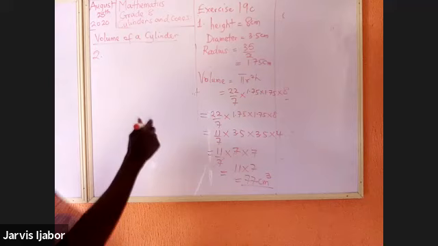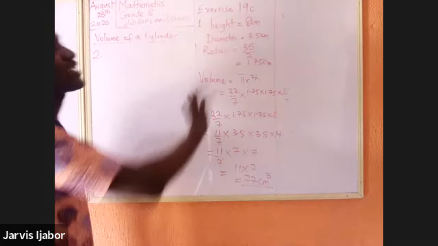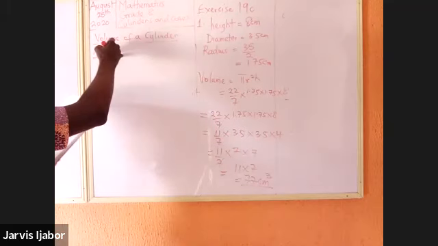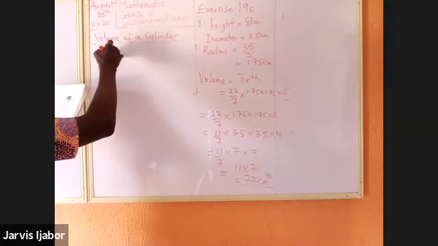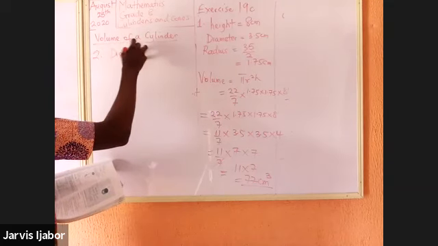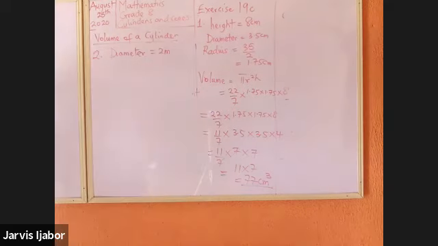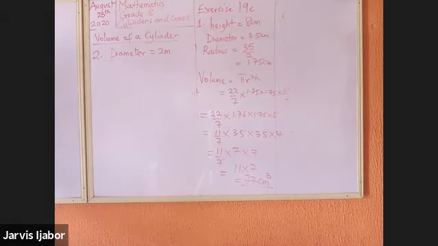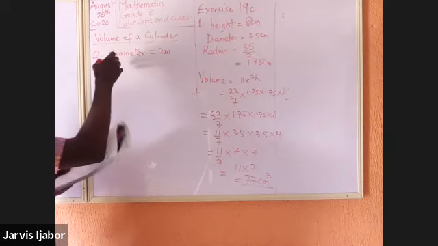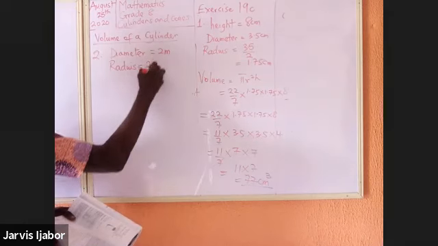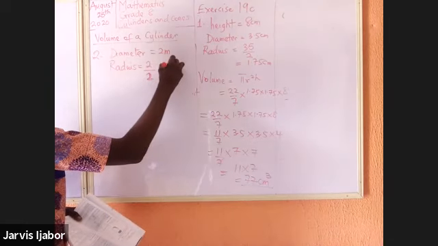So we start by stating the details. You don't need to write story. Don't write story for us. What's the first thing there? Diameter is equal to 2 meters. So radius will be equal to 2 over 2, and that is 1 meter.